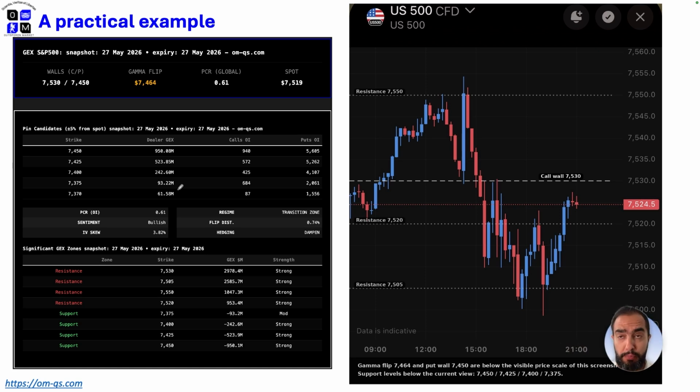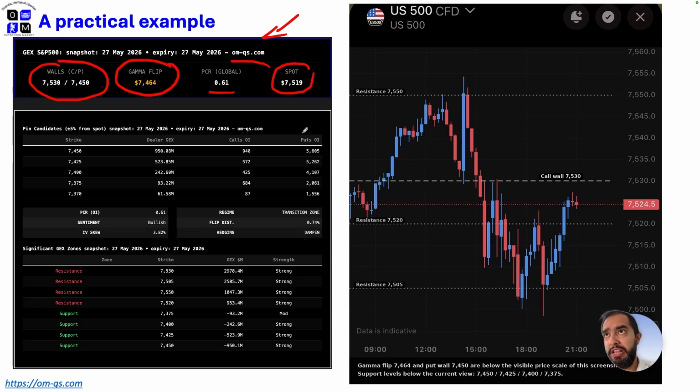So this is the report about the gamma exposure that I bring for you for free daily at on-us.com, and I show you the call and the put wall, the gamma flip, that is the number on which we make the transition between a negative GEX environment to a positive GEX environment, the PCR, and the spot by the time the report is generated.